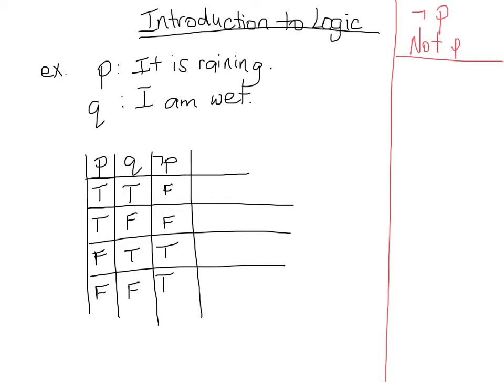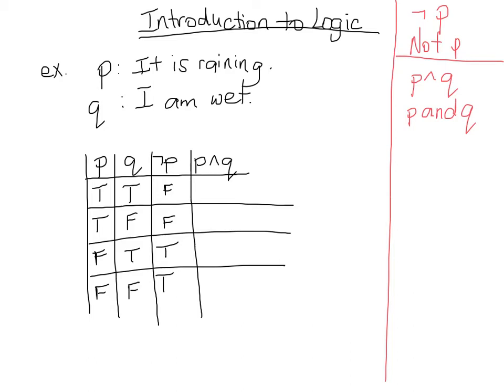The next symbol that I would like to introduce you to is the and symbol. So whenever you see that symbol between two propositions, it means P and Q. So in this case, or every case actually, for P and Q to be true, both must be true. For both things to be true, they must be both true, obviously.